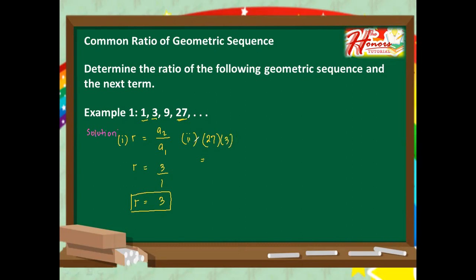So 27 times 3. What's the answer? That is 81. So this is the next term. So that's it for example number 1.